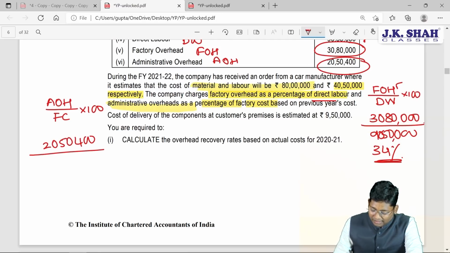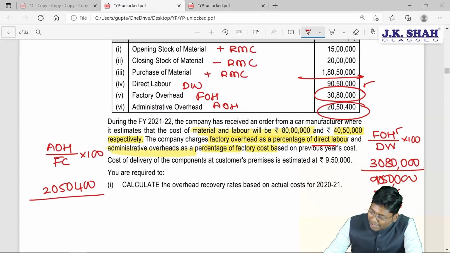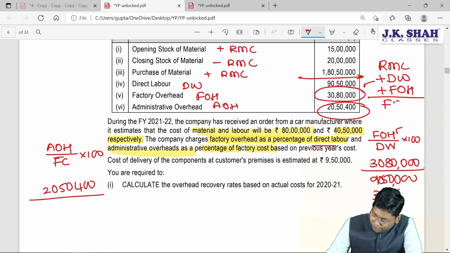But for completing this computation, we need one more figure, and that is of factory cost. Sir, how to calculate factory cost? Factory cost is equal to raw material consumed plus direct wages plus factory overhead. When you add these three values, you are going to get your factory cost.